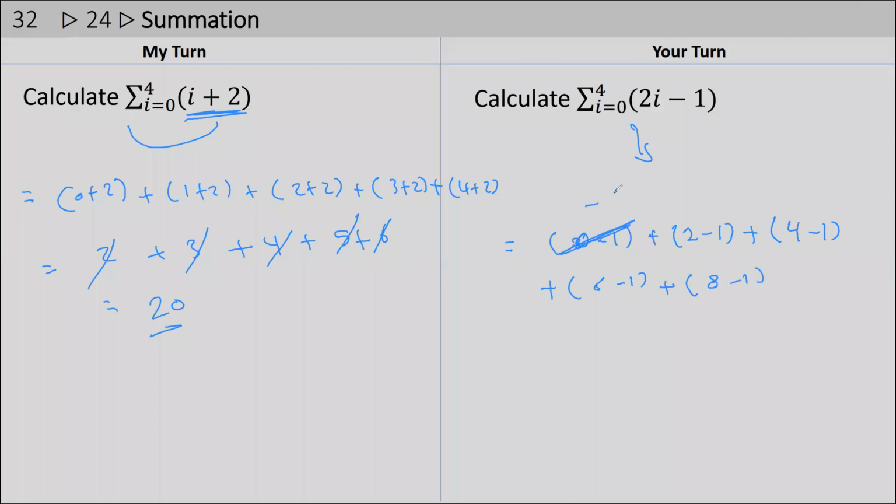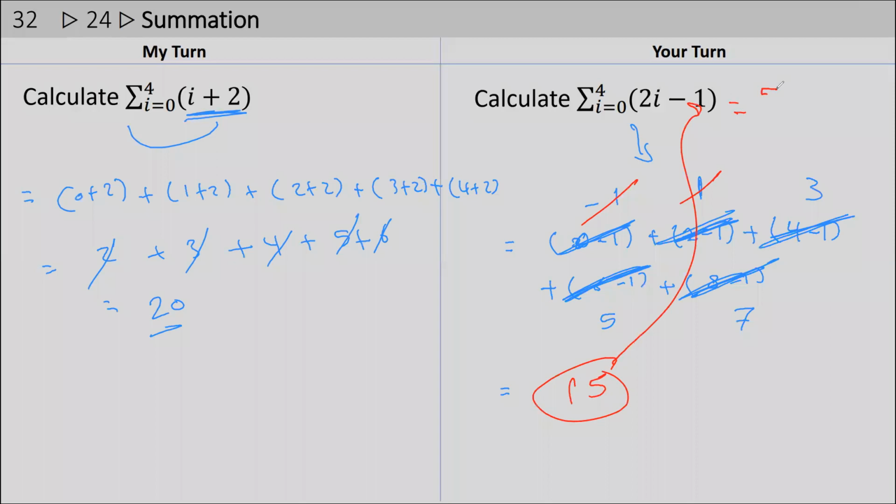So 2 minus 1 is 1, 4 minus 1 is 3, 6 minus 1 is 5, 8 minus 1 is 7. Add all of those together. The minus 1 cancels the plus 1, so the remaining is 15. This is exactly the result of the summation of twice I minus 1, starting from I is 0 until it reaches I is 4.